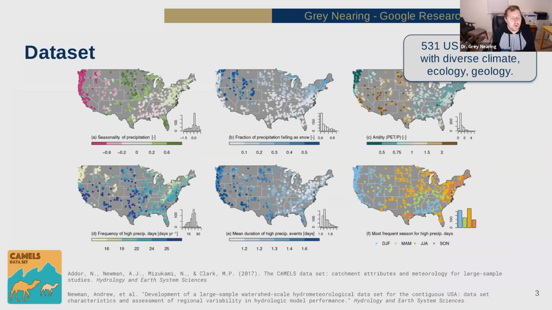Okay, so what we did is we took a bunch of data from around the United States. This CAMELS data set was curated by NCAR, the National Center for Atmospheric Research. It's a bunch of data related to different catchment characteristics. What you see as dots on each map are 531 watersheds within the United States that are gauged by the US Geological Survey.